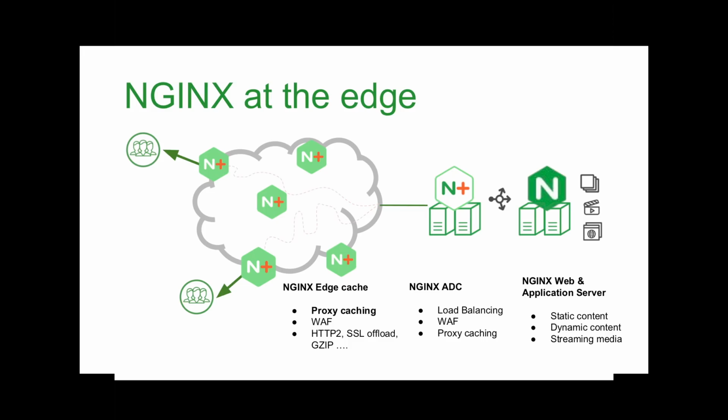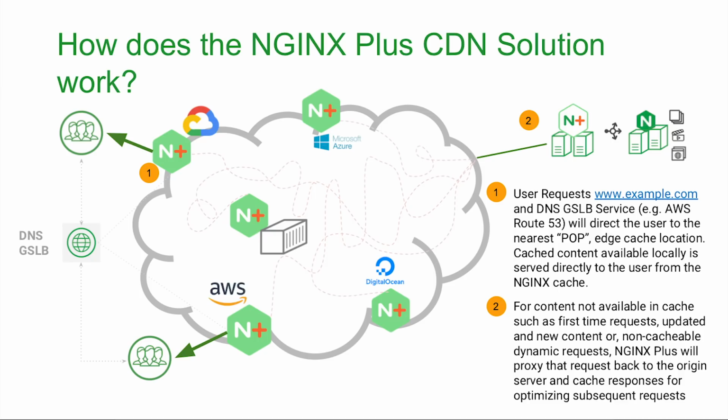So NGINX as a CDN essentially is expanding that NGINX footprint to the edge. When we say the edge, it means to a point of presence closer to the end user. In our case, NGINX is deployed all around the world, wherever you can.